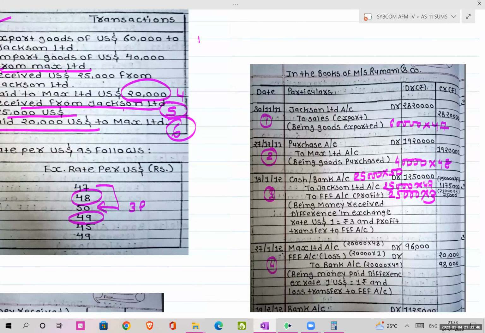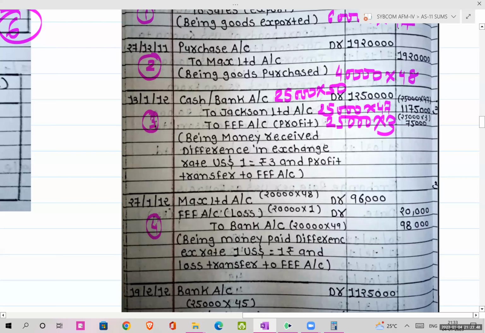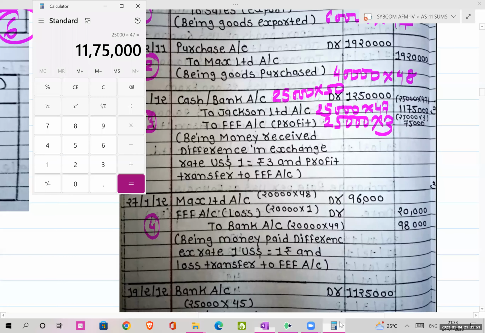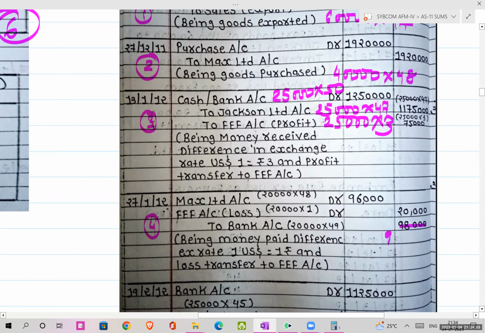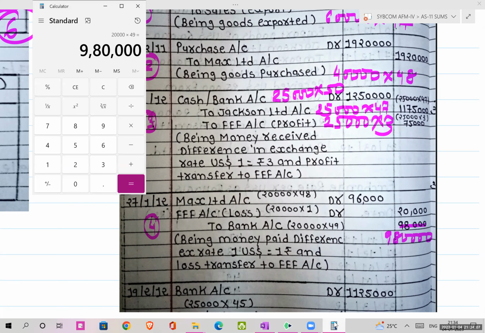Okay. So $20,000 into 49. So it's 9,80,000. Okay. And 20,000 into 1 rupee loss, so 20,000.